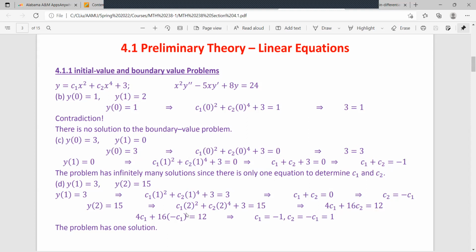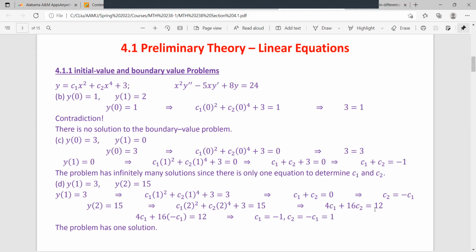C1 times 2 squared plus C2 times 2 to the fourth plus 3 equal to 15. We know 2 squared is 4 and 2 to the fourth is 16. So the equation becomes 4C1 plus 16C2 plus 3 equals 15. You can subtract 3 on both sides to get 12 on the right, so the equation simplifies to 4C1 plus 16C2 equal to 12.